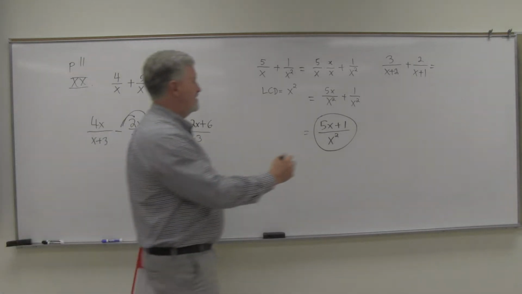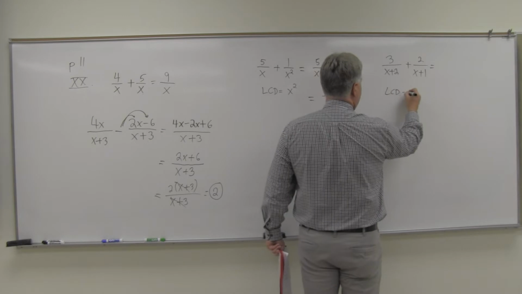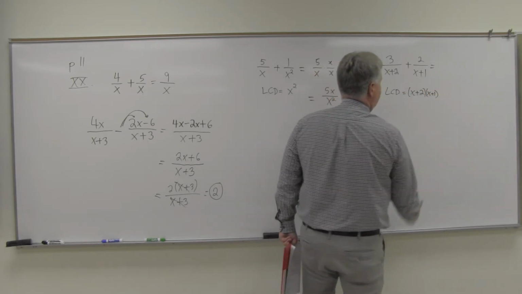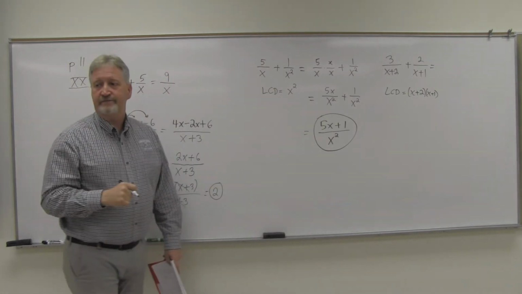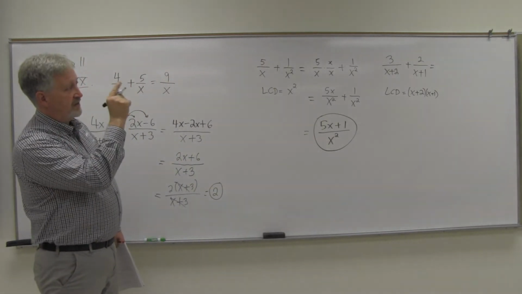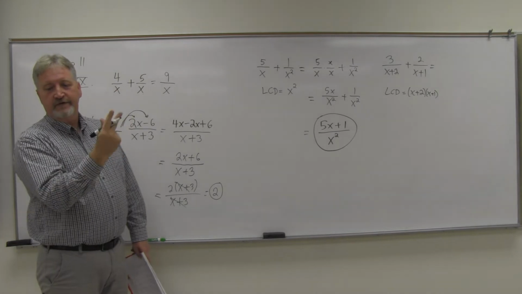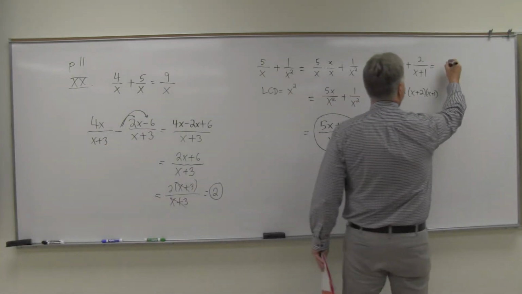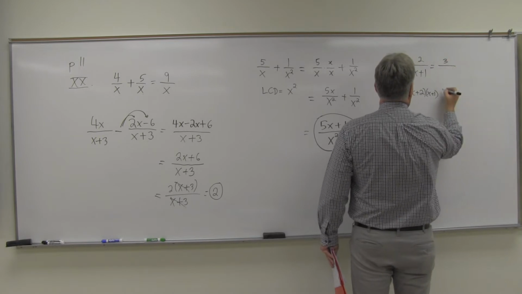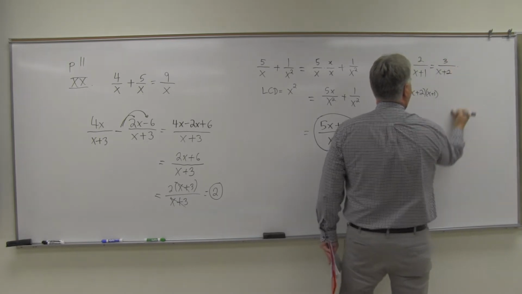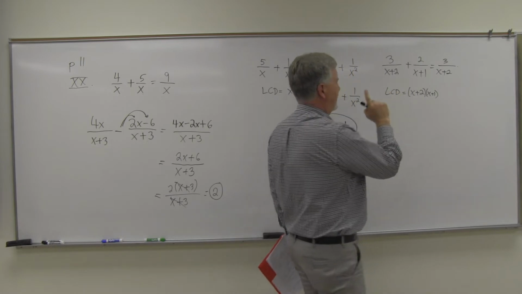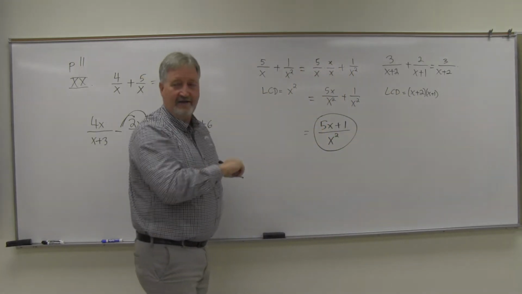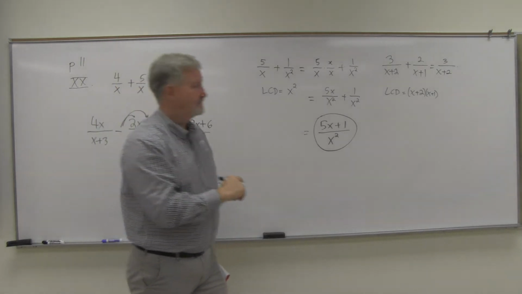And so LCD-wise, you just need a copy of each of those. For the LCD, it's just x plus 2 times x plus 1. And so I've got to make both denominators be x plus 2 times x plus 1, or you can flip-flop them there. So what do I have to do? Well, the first one has x plus 2, so to have that LCD I need to multiply by x plus 1, top and bottom.